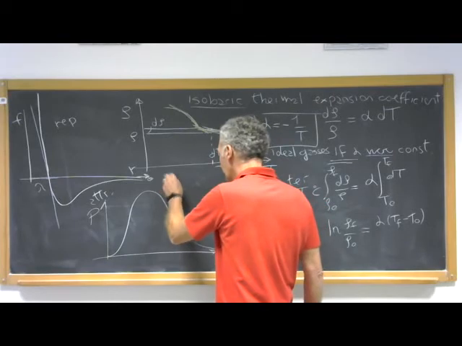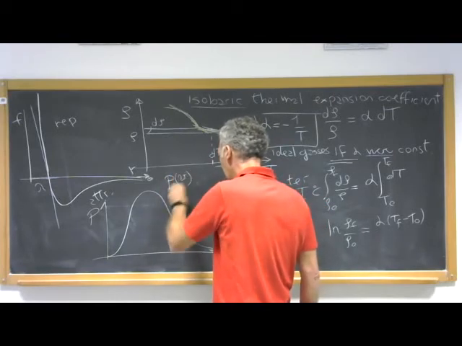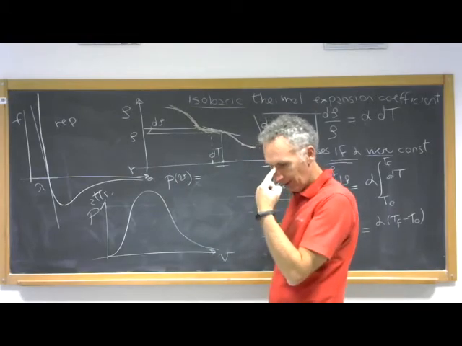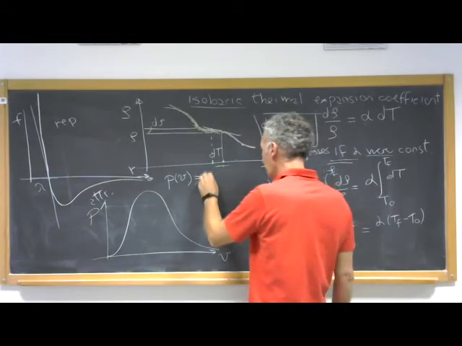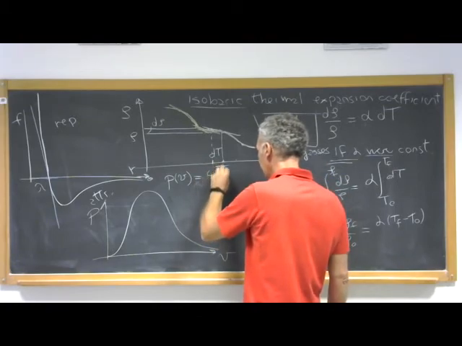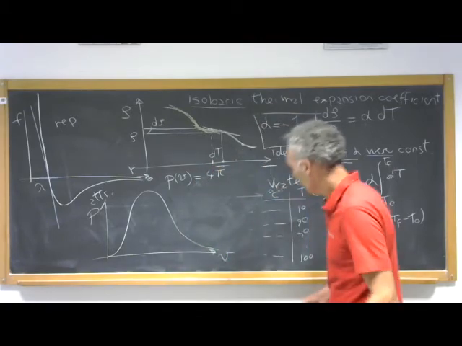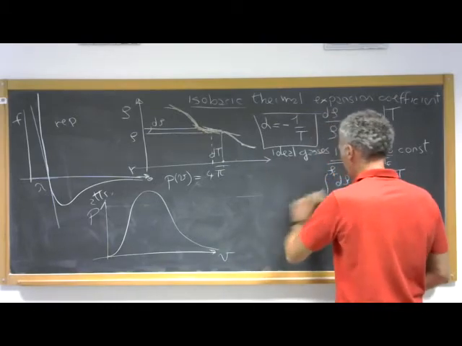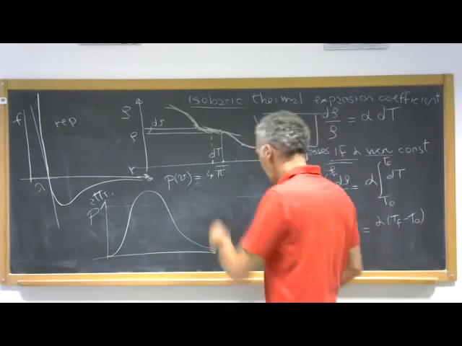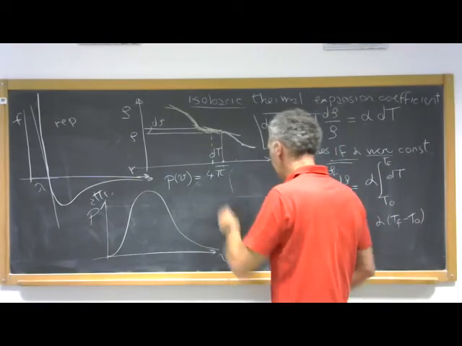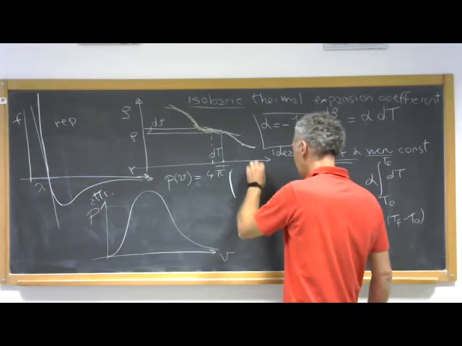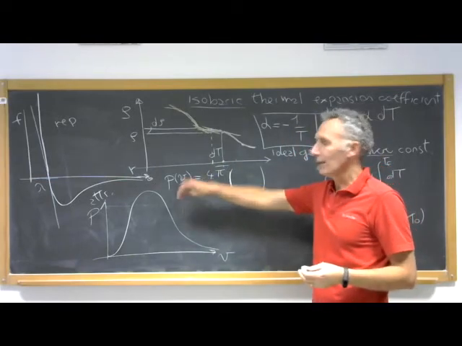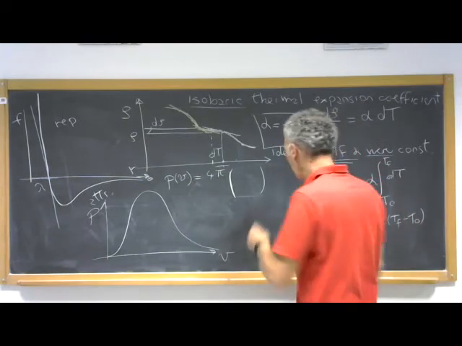I try to recall by heart. So let me see. This would be 4 pi. There is a multiplicative coefficient. Then there is some function here. Then we have a squared power of v.